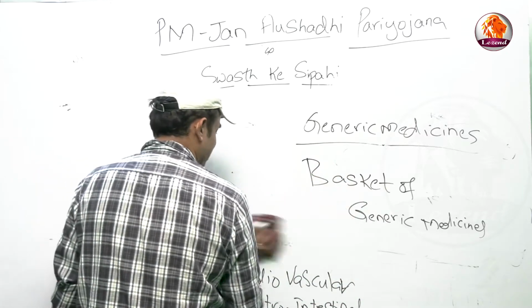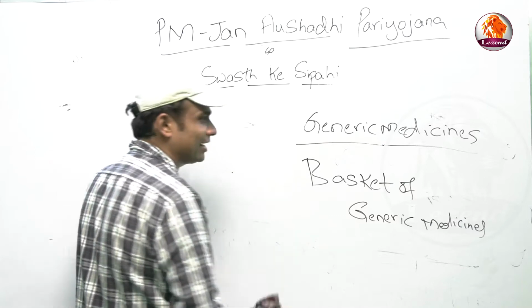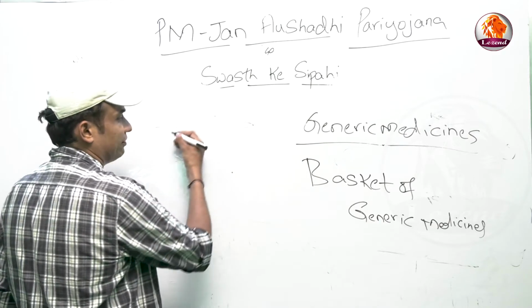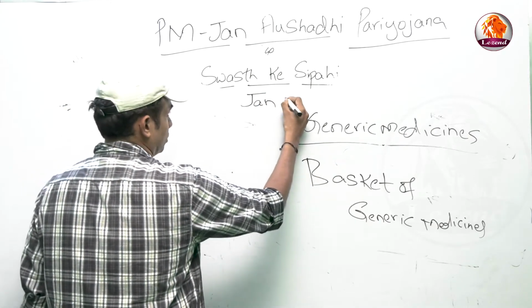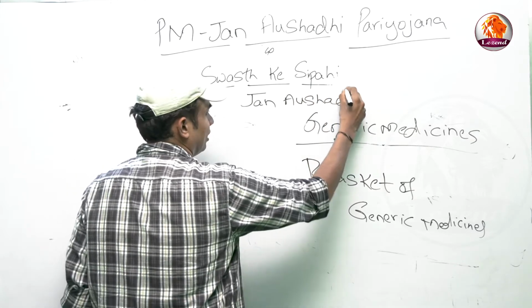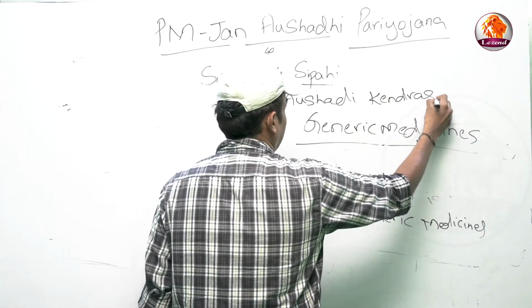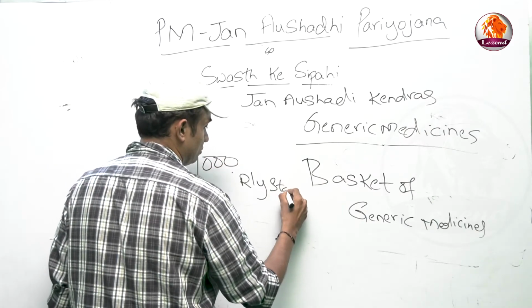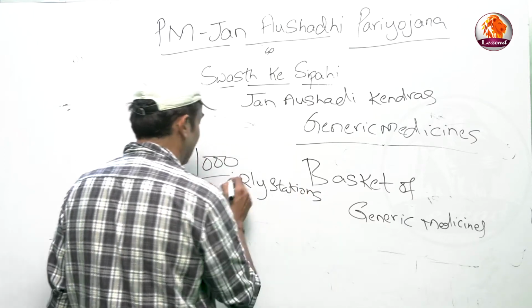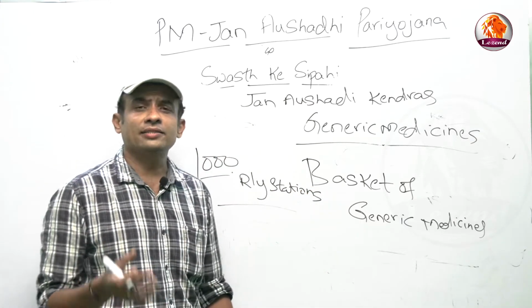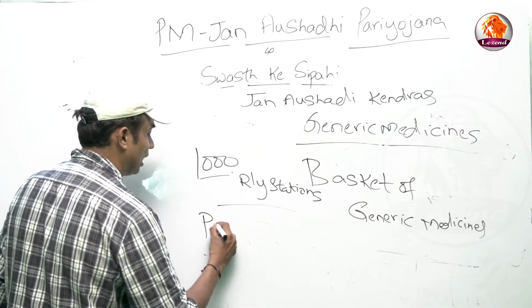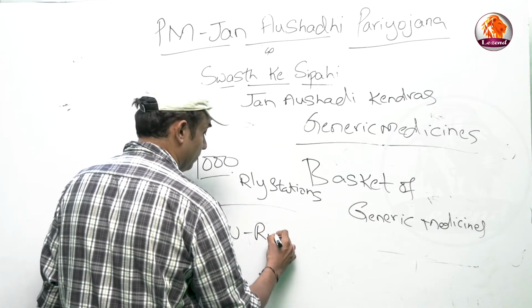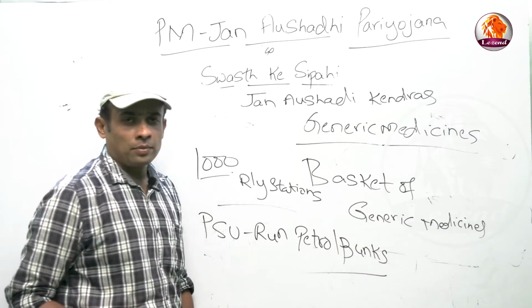And the government has also brought in Indian Railways to help in this matter. These Jan Aushadhi Kendras, which we discussed earlier, will be installed at 1,000 railway stations throughout India, and they will also be installed at PSU-run, public sector undertaking, petrol pumps.